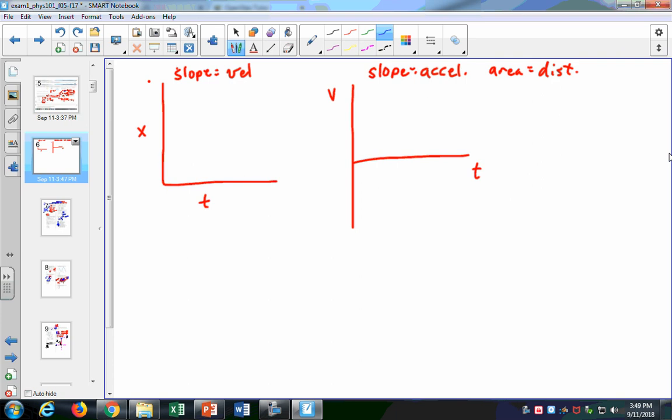So you want to be able to look at a graph and describe the motion. And by doing that, you ask yourself 2 questions. What is the sign of the slope? And what is the speed? How is the speed changing?